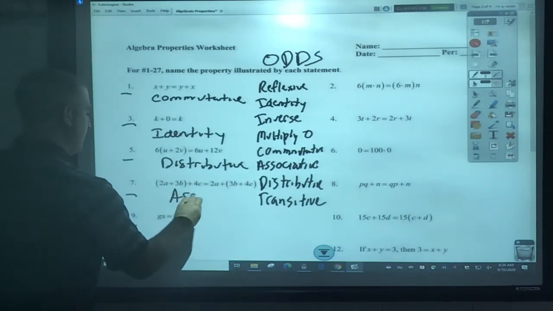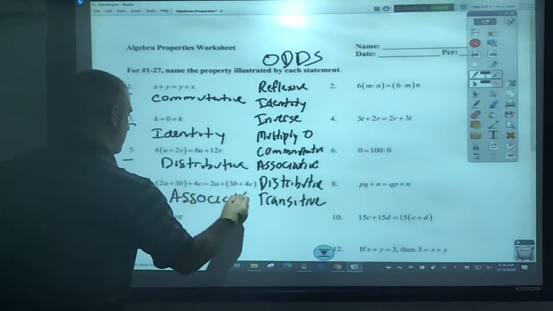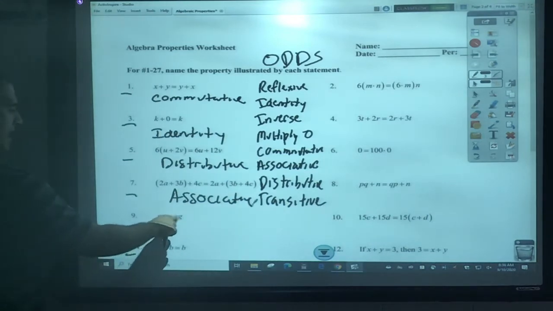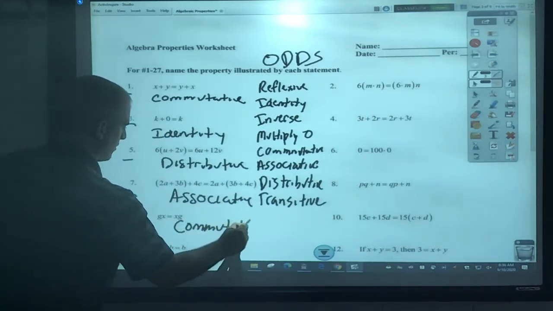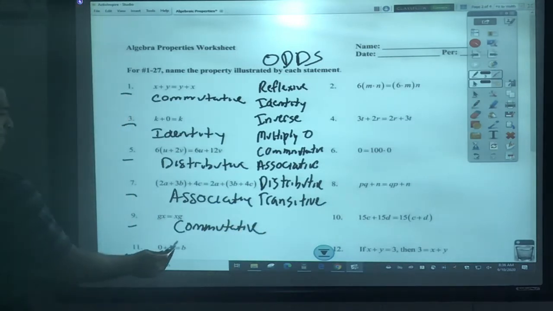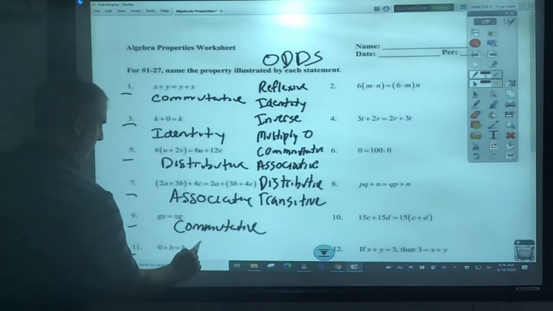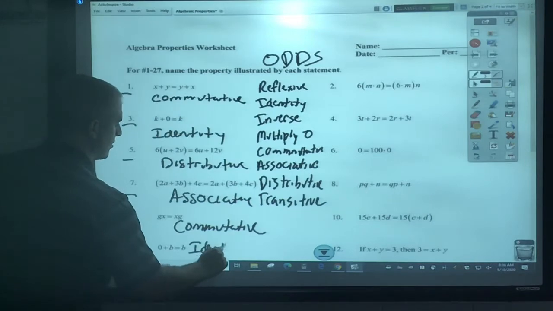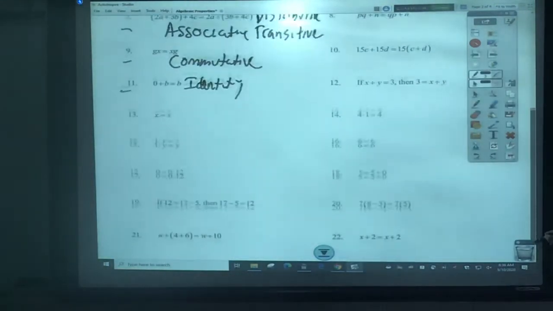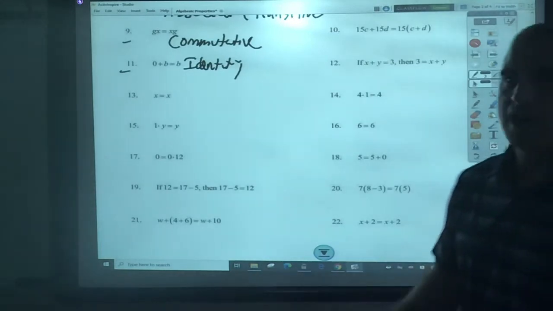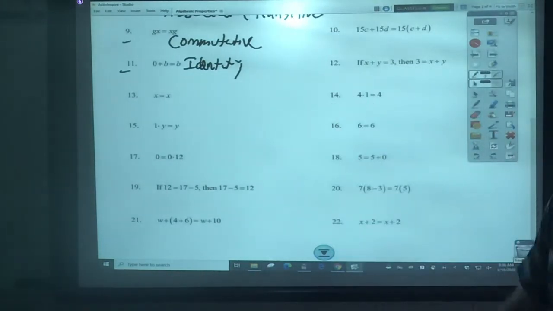That's associative. Here we've got g and x, and now x and g, so that's the commutative. And then I've got 0 plus b, that's itself, so that's an identity. Now pause and do 13 through 21.